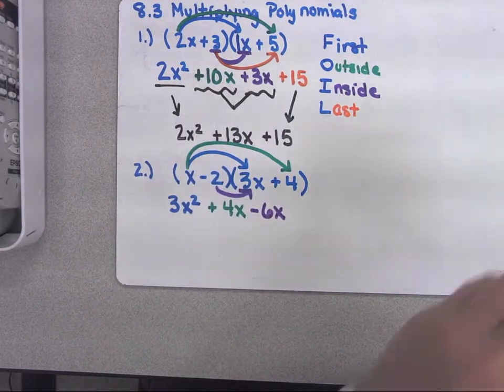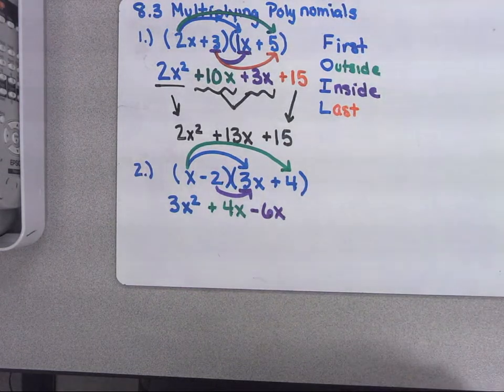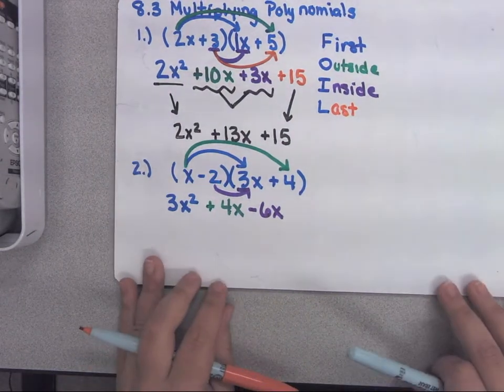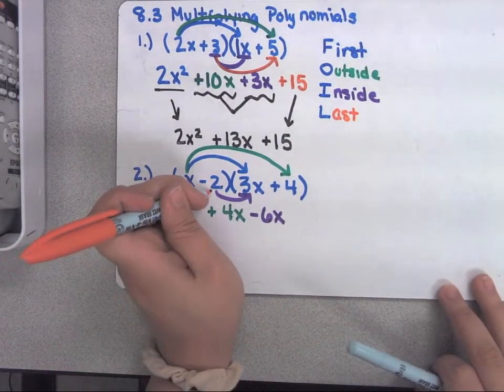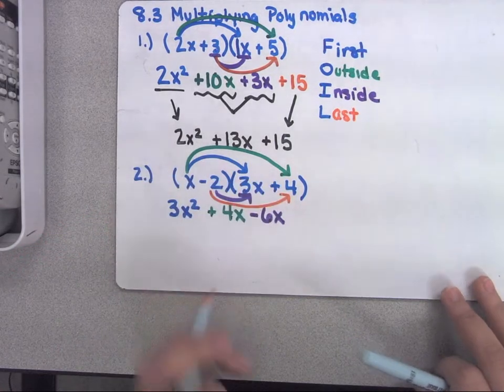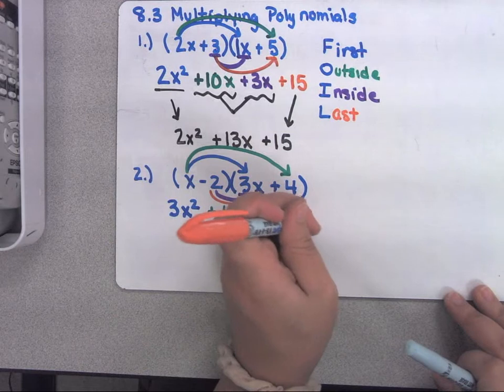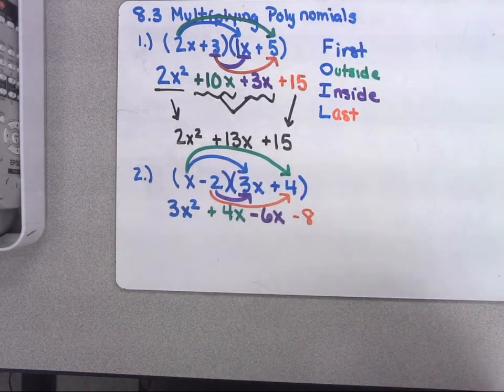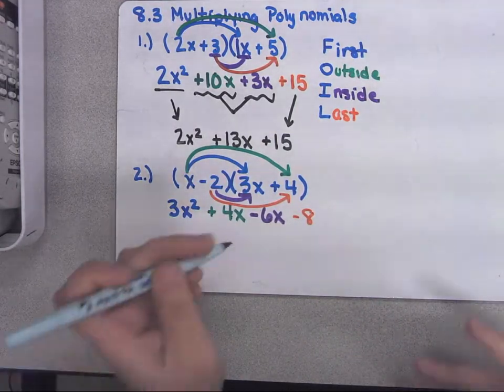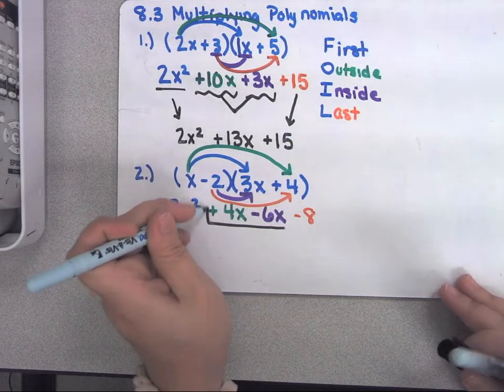I'll keep using the same colors in the same spots. Okay? And then last, negative 2 times 4, negative 8. Every single time, do you notice that the middle two have the same variables?